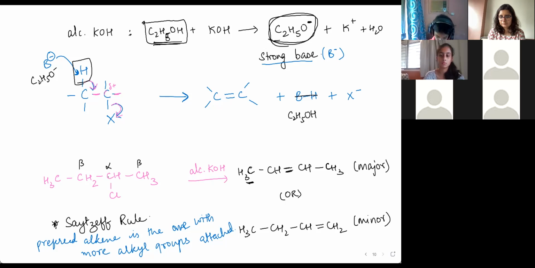What is the BH that you've cut out? Oh, so the base takes the hydrogen. So you get BH. So if it was C2H5O minus, it combines with H, so you get C2H5OH.